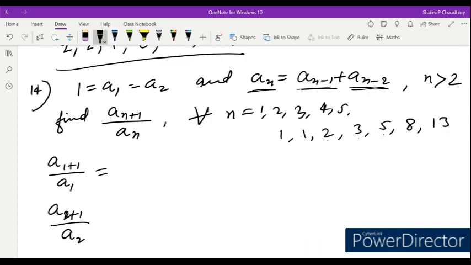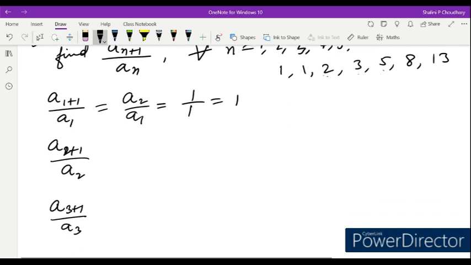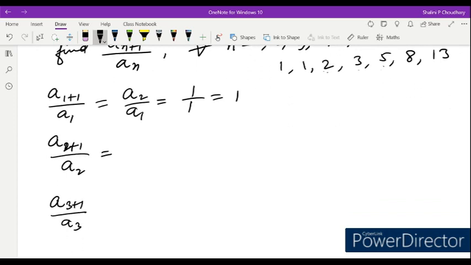Now a2 upon a1. So what is a2? 1 and a1 is 1. So 1. Now a3 upon a2, the third term is this one, 2 upon 1, that is 2. Now a4 upon a3 is equal to 3 upon 2.